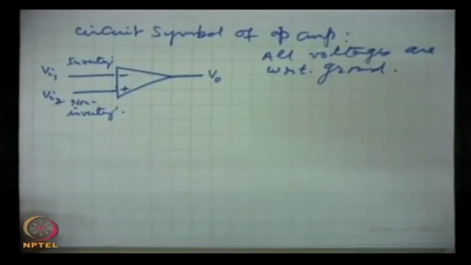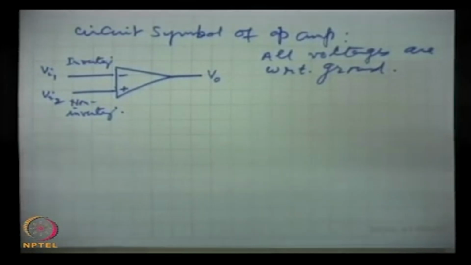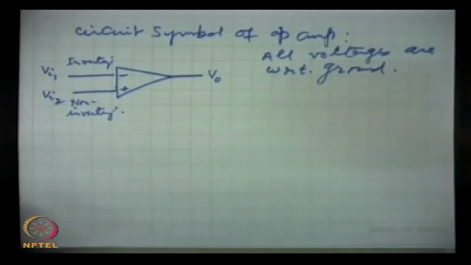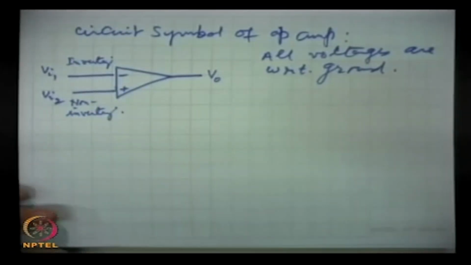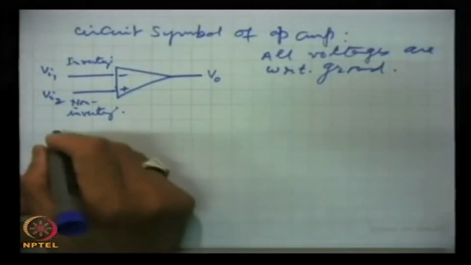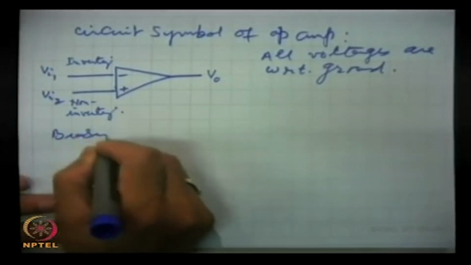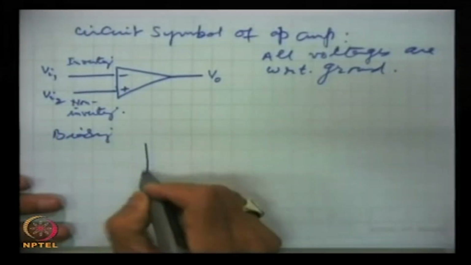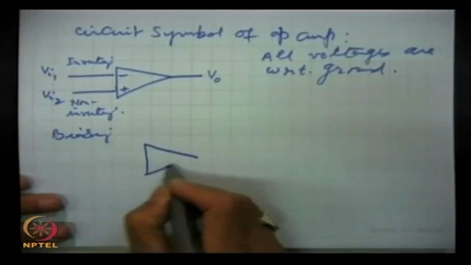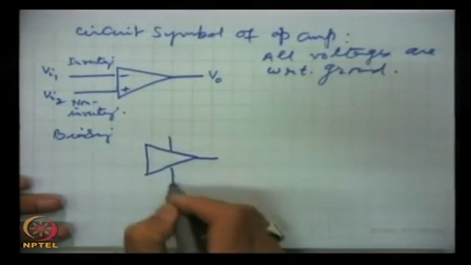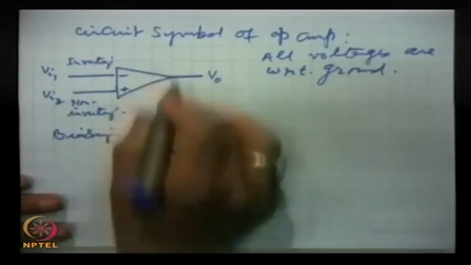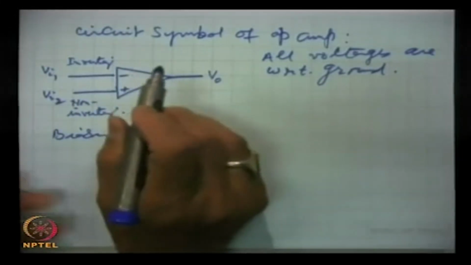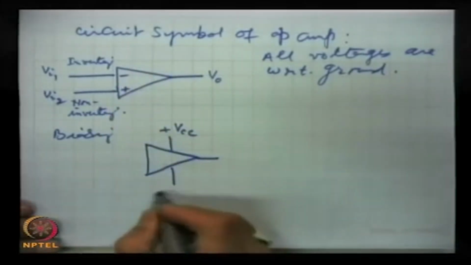And for biasing, it is assumed that it has been connected, but to simplify the circuit, it is not shown. Sometimes some people prefer to show this circuit like this as well, but this is the generally accepted circuit where it is implied that these biasings have been provided.